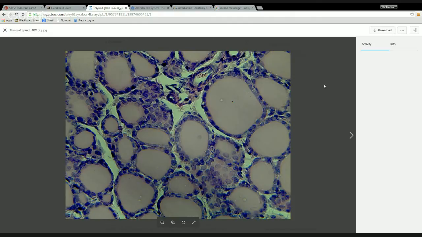Now, the full name for T3 is triiodothyronine or something close to that. I might be getting it a little bit wrong. But what's important is the triiodo part. Okay. What does tri mean? 3. So that's why it's called T3, because it's tri. What does iodo refer to?